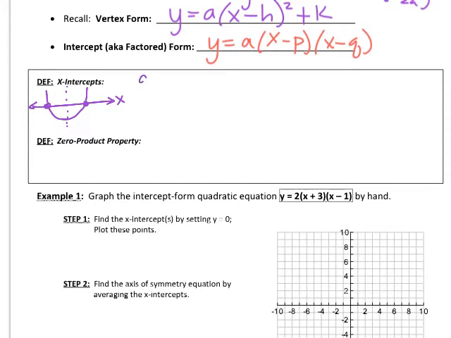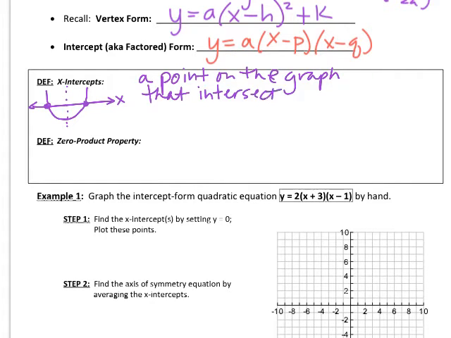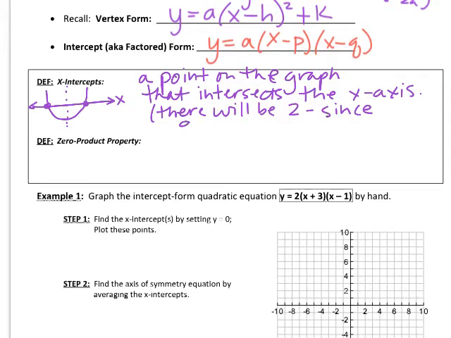So let's define this as a point on the graph that intersects the x-axis. And of course, we know that there are two because the quadratic graph is symmetrical.